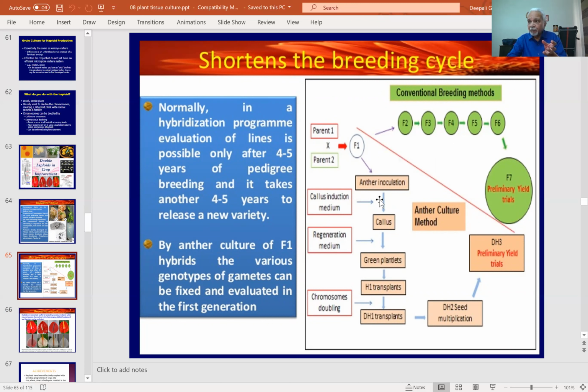But in the anther culture mode, you just take the anthers from here, you get the callus and green plantlets, and then you have the diploidization in one go. So we are reducing the time for fixing a trait in a population from 6 to 7 years to 1 year.